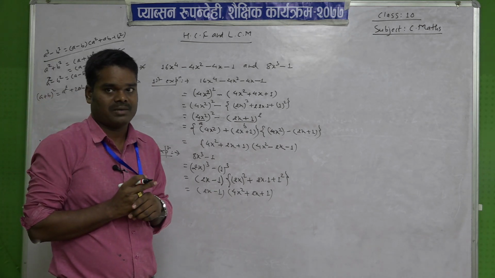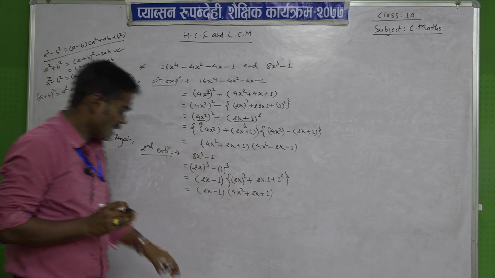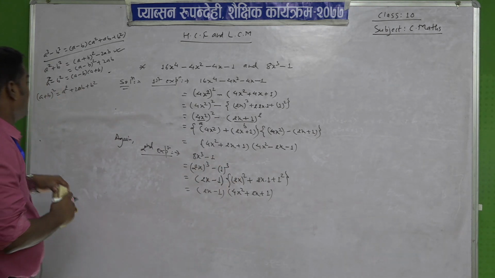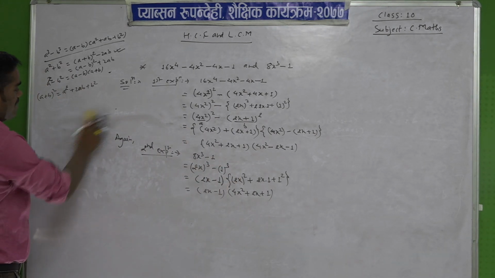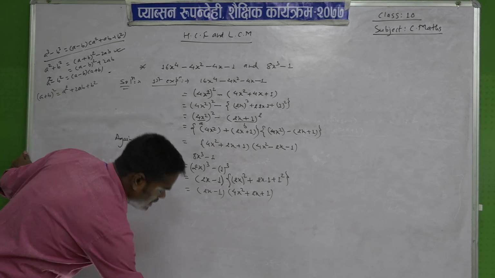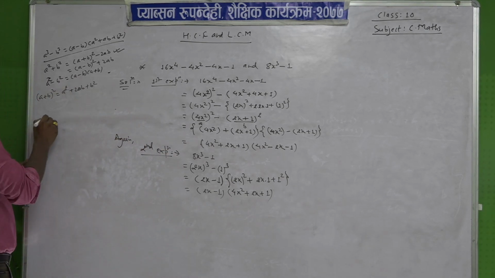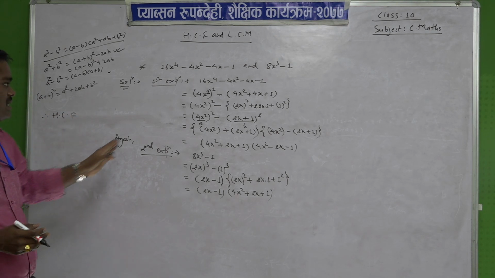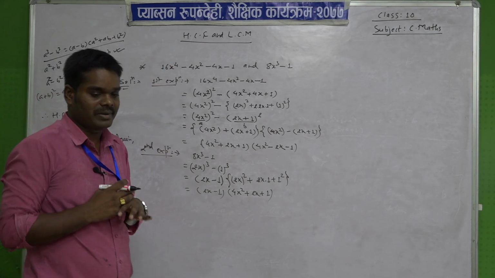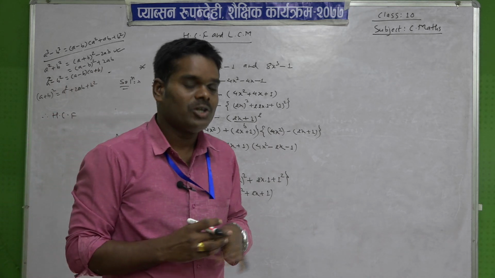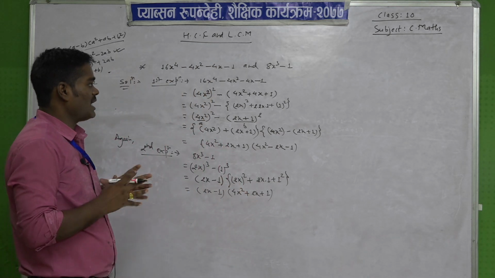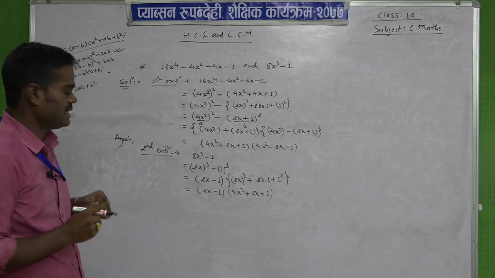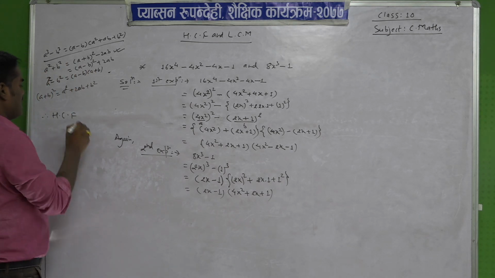In this way we have got the factor of the second expression also. Now, the term for LCM and SCF. See here, what is the SCF? The factor that remains common in all expressions. Sometimes 2 expressions are given, sometimes 3 expressions are given. Whatever is present in all expressions, that factor will be the SCF.